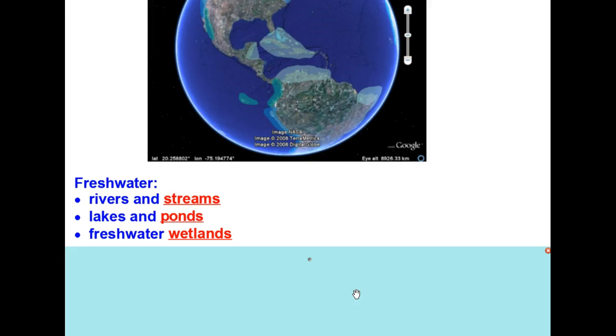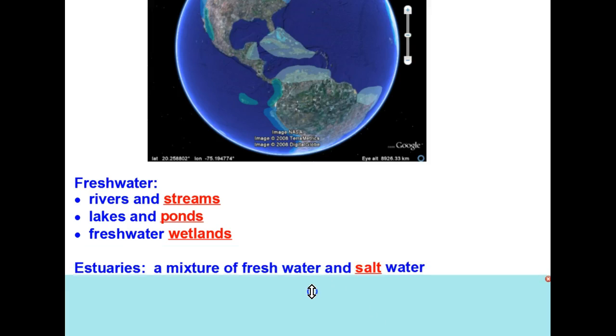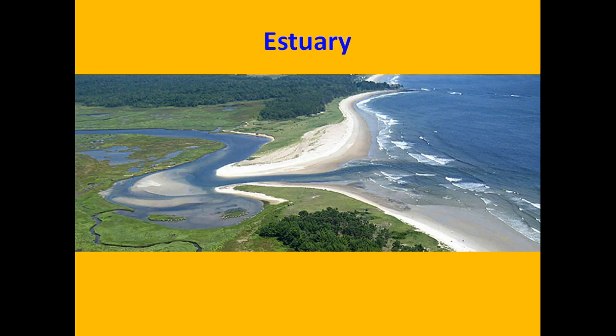Our next aquatic biome is an estuary. An estuary is that region of water that lies between the freshwater and the oceans. So it's a mixture of freshwater and saltwater. Here is a really nice aerial photograph of an estuary, and what you can see is the stream coming down and emptying into the ocean, and then the ocean waves coming in this direction.